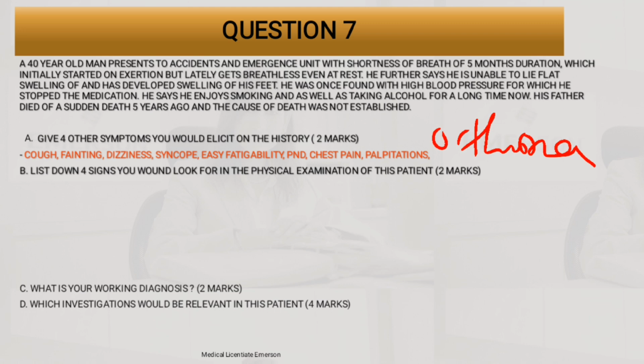So we're just going to skip it. But these ones we have mentioned here are not present there, so they are a very good way to go. For PND, for those who don't know, it is paroxysmal nocturnal dyspnea. That's PND, the paroxysmal nocturnal dyspnea.